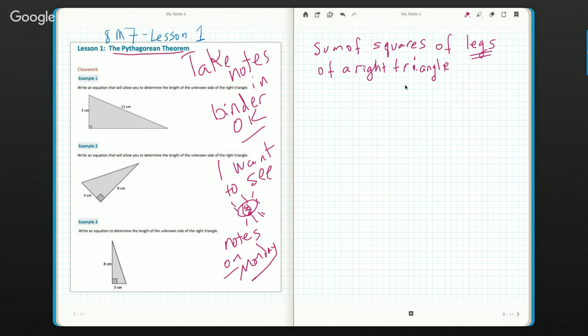We'll define right triangle too. I think you know what that is. Equal to the square of the hypotenuse.